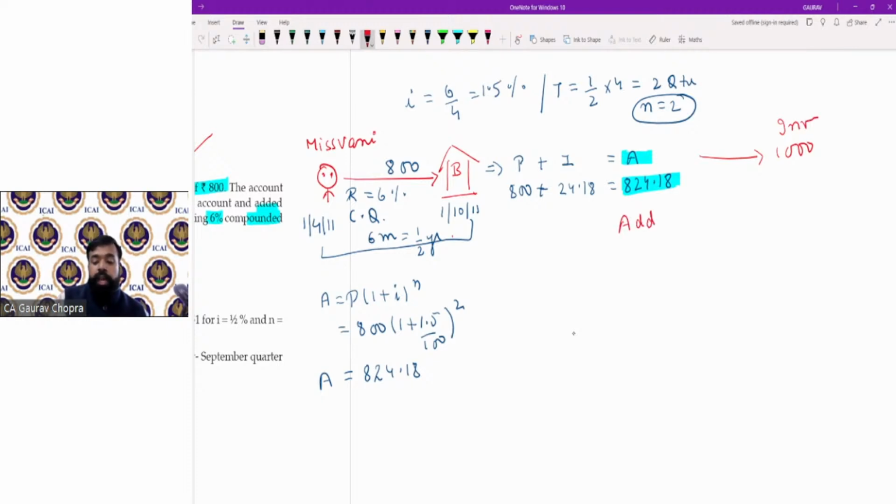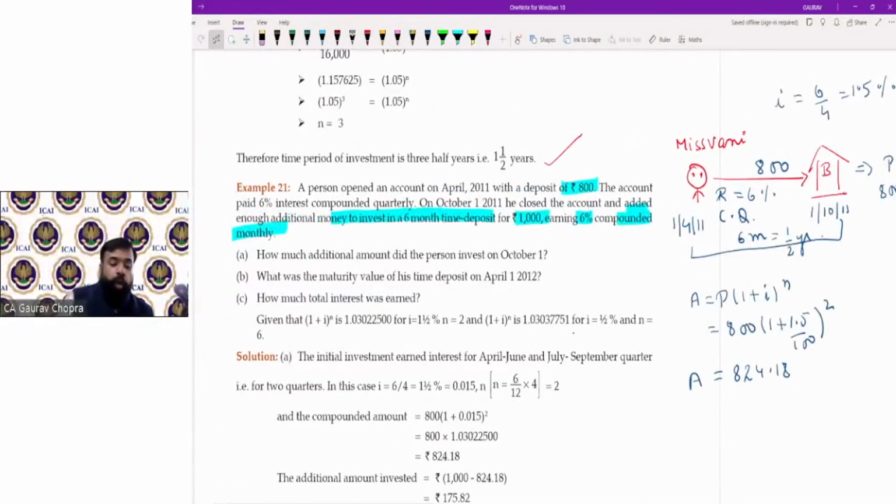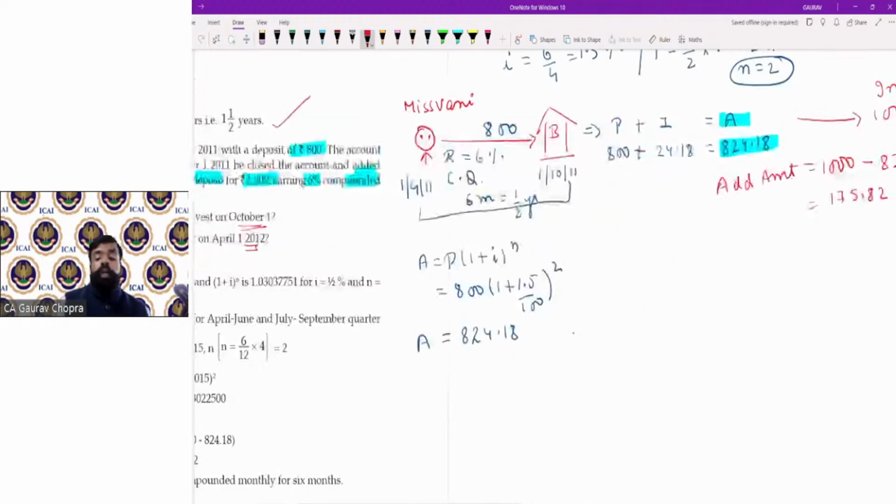Let us calculate: 1,000 minus 824.18 is 175.82. So this much Vani has to invest so that it becomes 1,000. This is the first part of the question: how much additional amount did the person need to invest? So Vani needs to invest 175.82 rupees. Now, what is the next question? What was the maturity value of the time deposit on 1st April 2012?